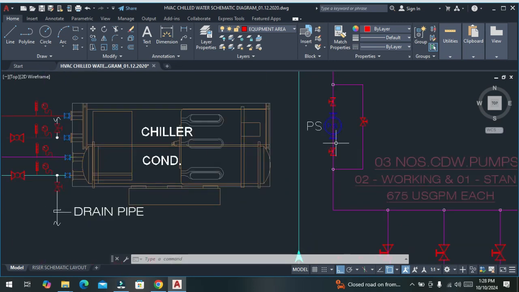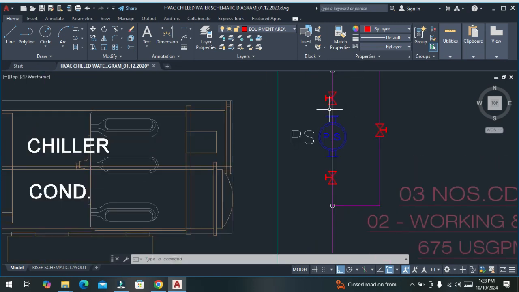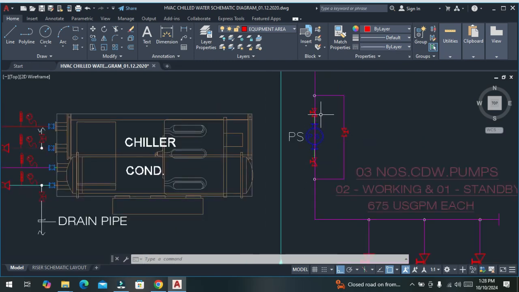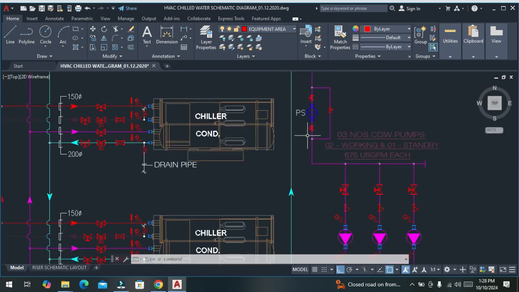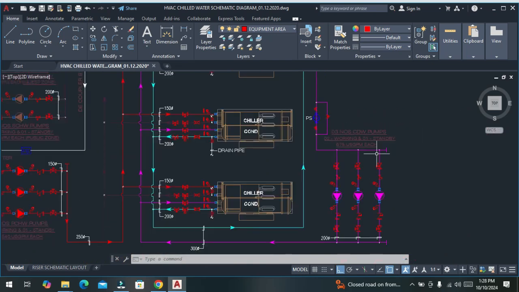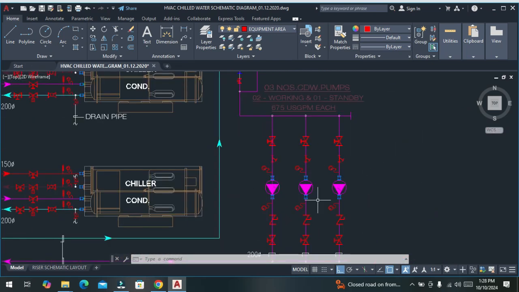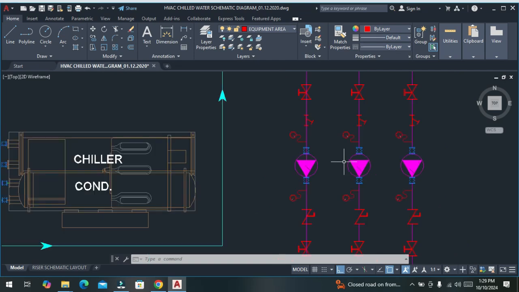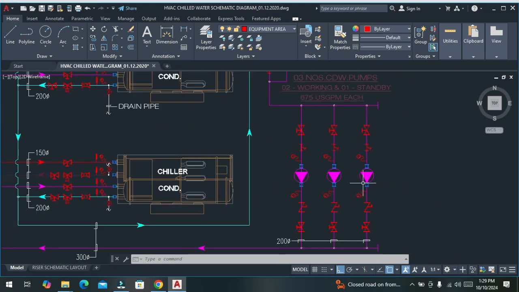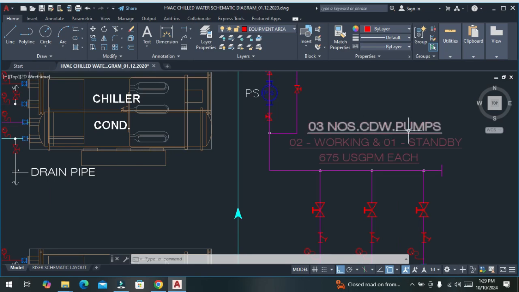With the help of this, the water enters the pump. Here we have three pumps. These pumps are called condenser pumps. So there are three condenser pumps, two working and one standby.